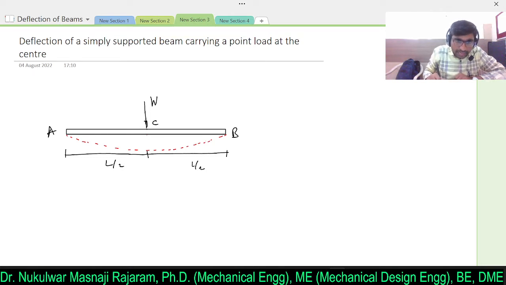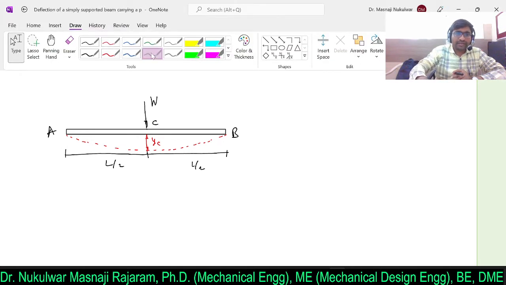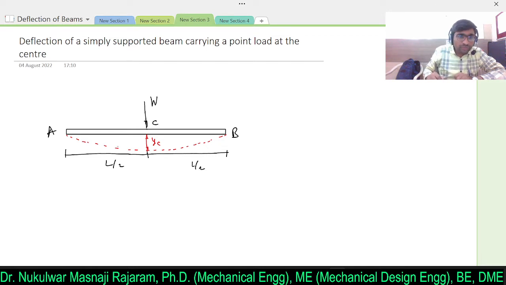Now if you observe at the center, there will be maximum deflection, and if you consider the slope, we will find the slope at different points. If you consider the slope for this particular beam, then I can draw a tangent, and this angle is theta. If you ask me, sir, what will be the slope at the center, definitely the slope will be 0.